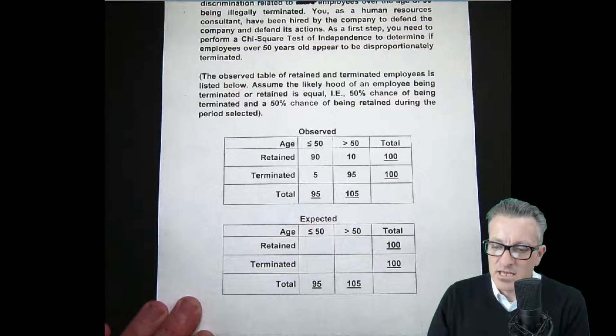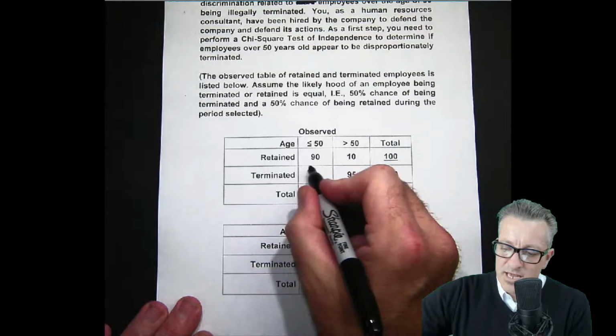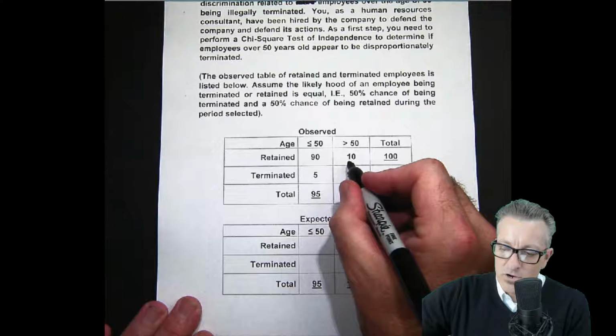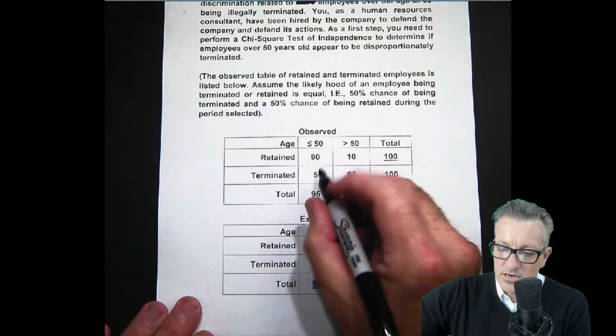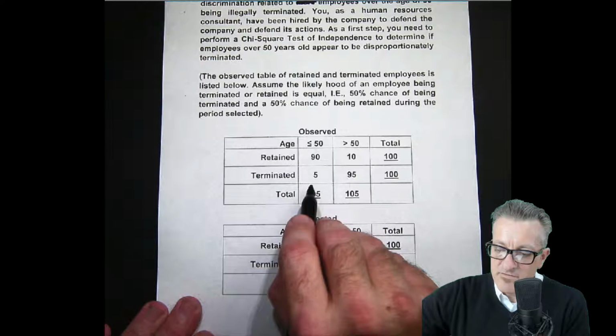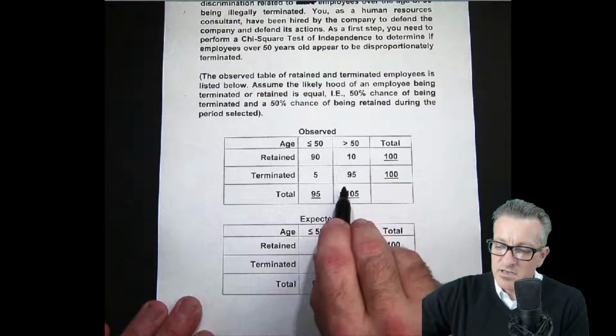Let's say this is within a year's period of time. So 90% retained under 50 and 10% retained over 50 and then terminated. So the people under 50, it's 5% of them were terminated and then 95% over 50 terminated.